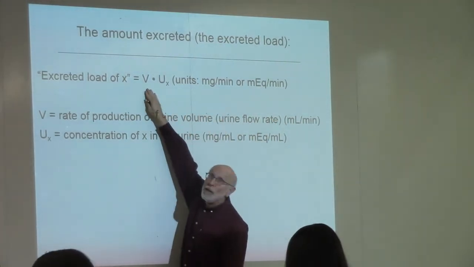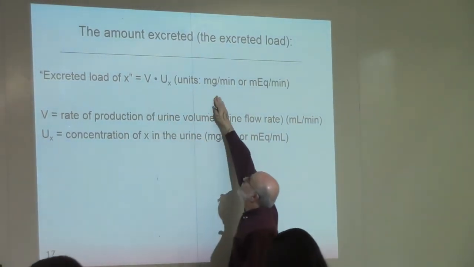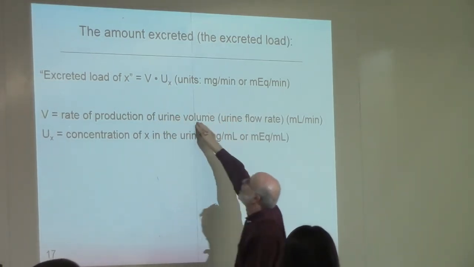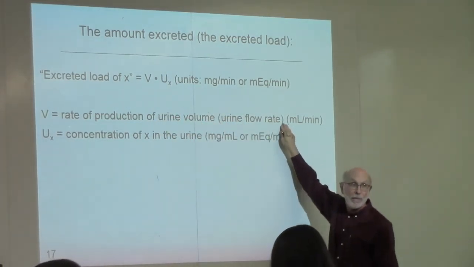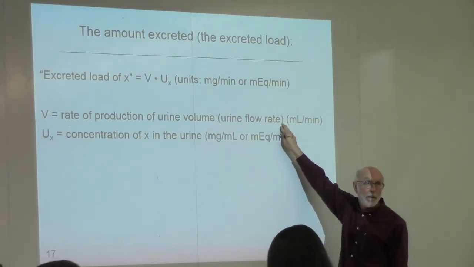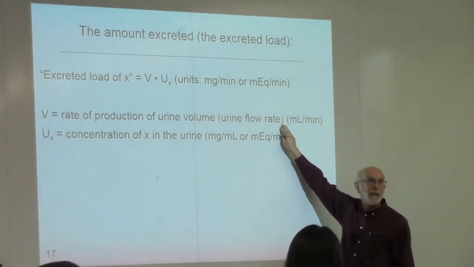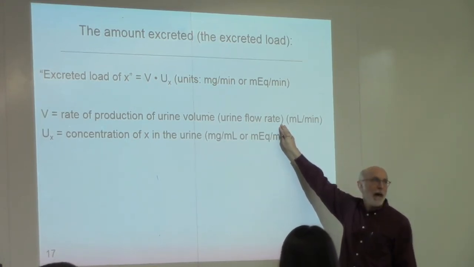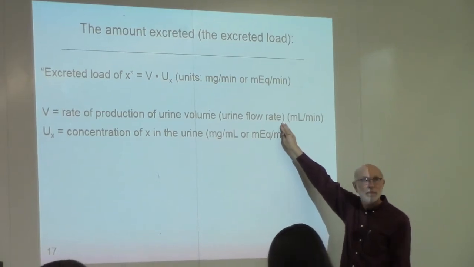So it's the flow rate of urine in milliliters per minute. You are right now generating urine at some rate. You're not urinating right now, of course, but you are generating urine and it's going into your urinary bladder. It is happening right now.